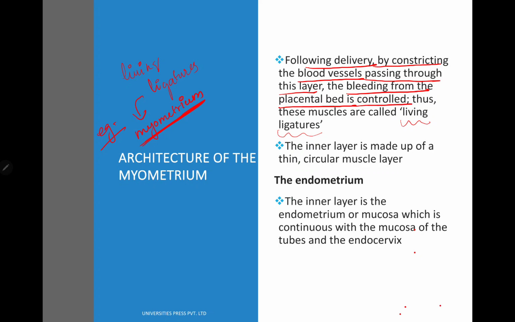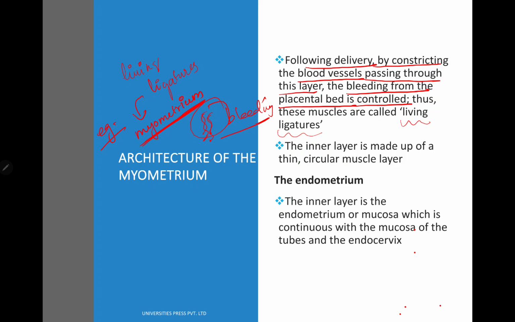See, in the myometrium there are a few blood vessels. These blood vessels are going to be constricting, and because they are constricting, the bleeding is going to be stopped. That is why it's known as living ligatures.